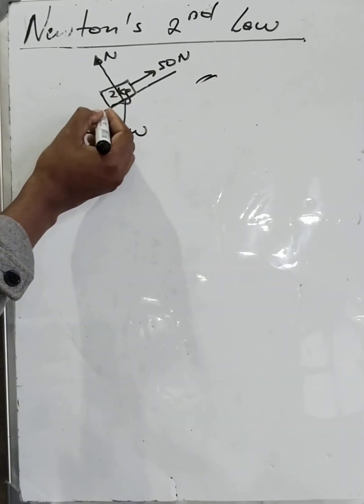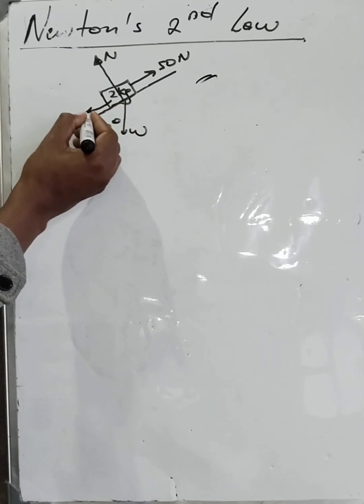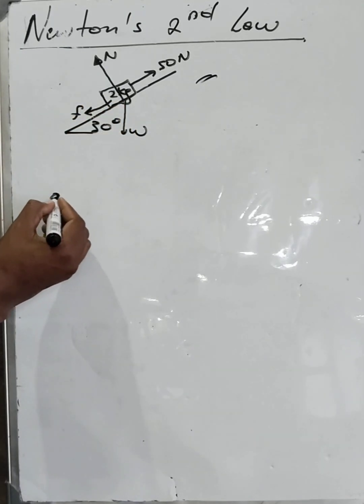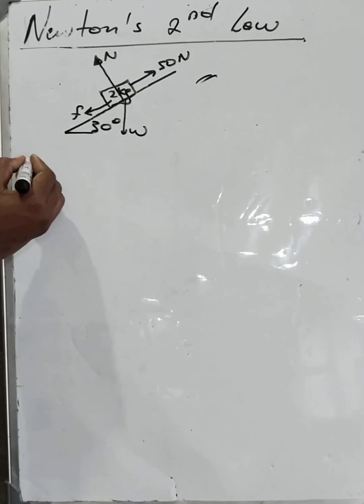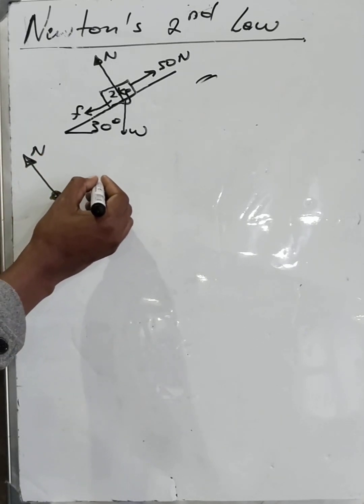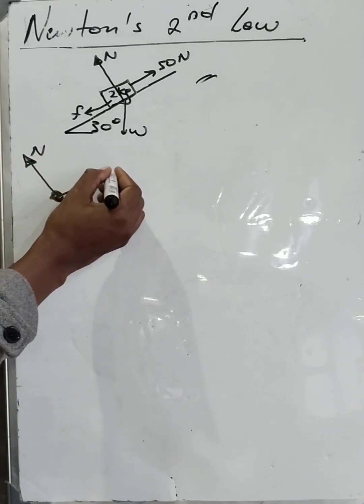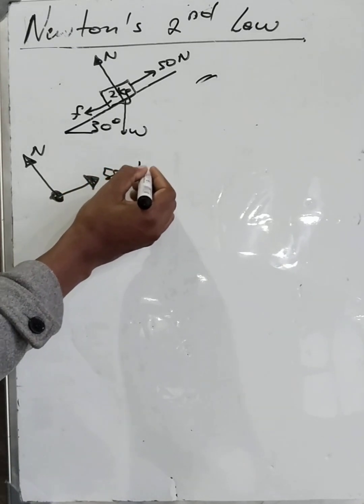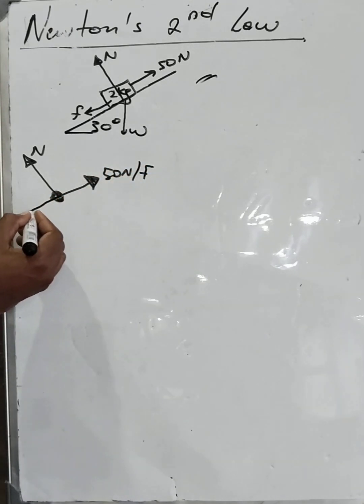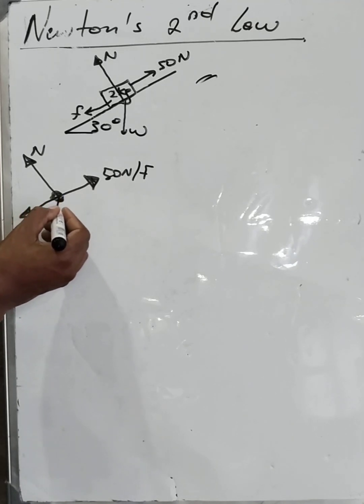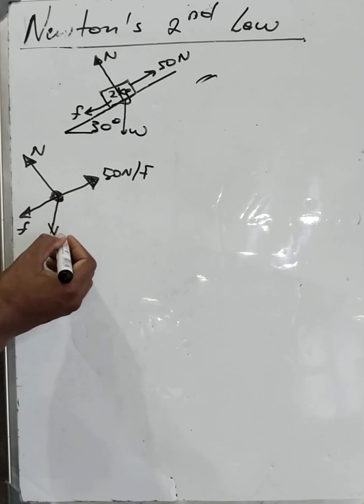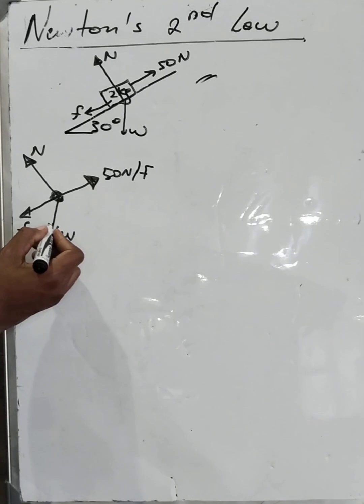So now parallel, that is a frictional force. We have a force applied in that direction. We have a friction down the incline. We have a weight which is always vertical.